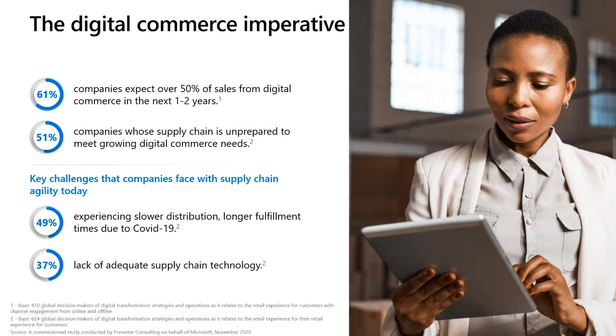But over a longer period of time, we see customers changing their business models, looking at their supply chains, traditionally maybe being a manufacturer selling to a distributor through to a retailer. But now with the ability to use marketplaces and e-commerce technology, you have the ability to sell direct.